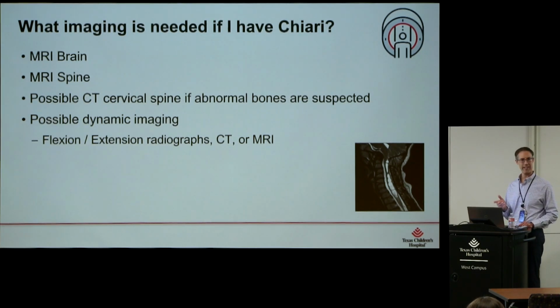Sometimes we'll get something called dynamic imaging, where you'll have your head in flexion and extension, and we'll get pictures in both positions to see if there are changes in the skull base. And all of these things are needed to understand everything about the condition so that we can treat it in the right way. And so not everyone with Chiari needs surgery, and patients who do need surgery, not everyone necessarily needs the same surgery.